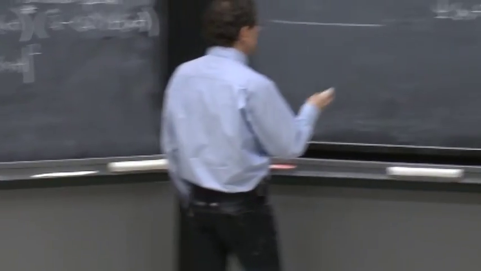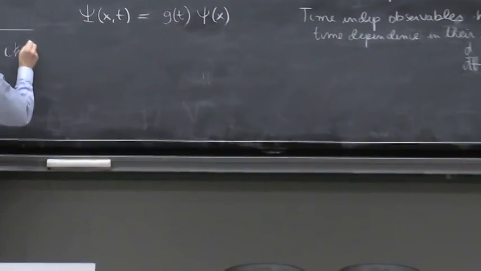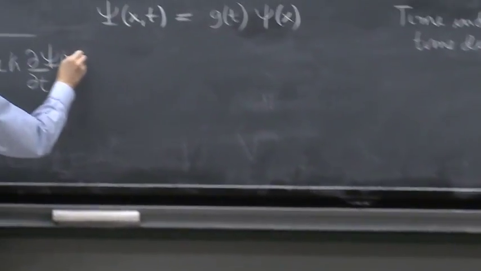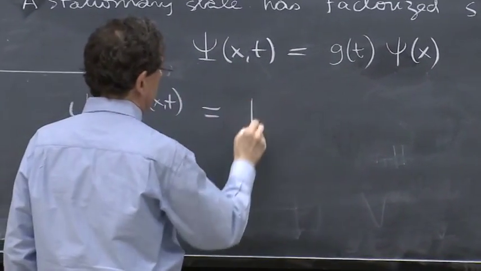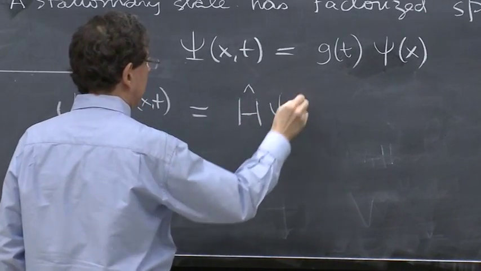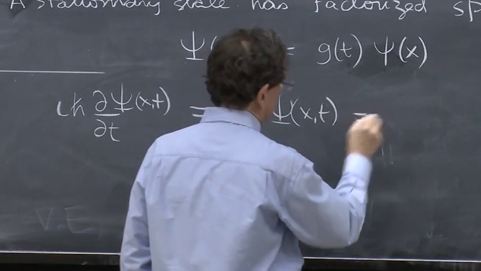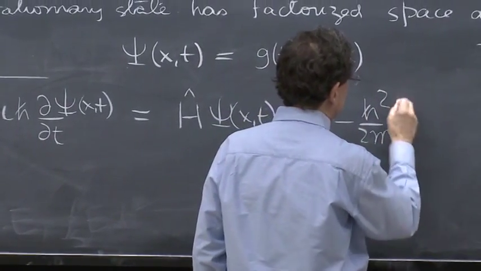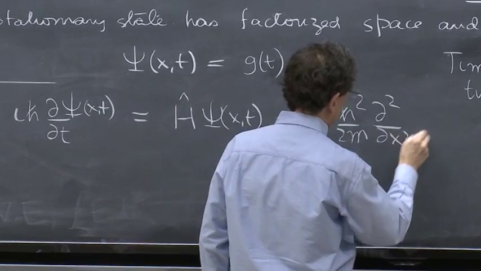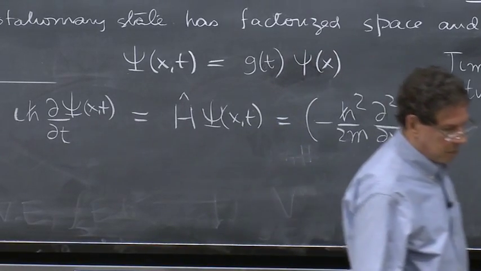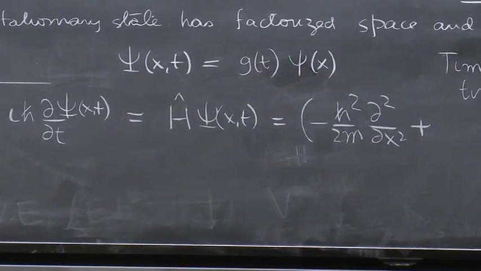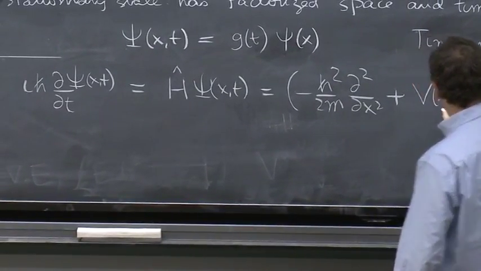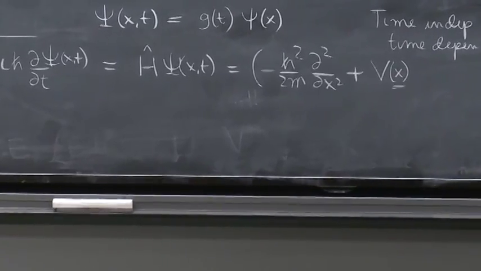So, we look at the Schrödinger equation, i h bar d/dt of psi of x and t is equal to H hat psi of x and t, and just to remind you, H hat is minus h bar squared over 2m d second dx squared plus V of x. And I will consider states that have just that at this moment.